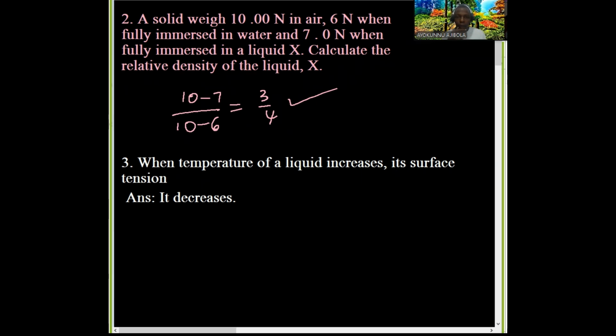Surface tension is the property of a liquid that makes the surface act as if it were stretched, like an elastic material. We can say it is the tangential force that acts across the surface of the liquid.